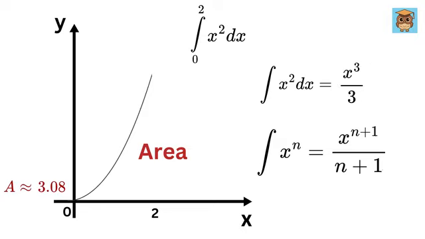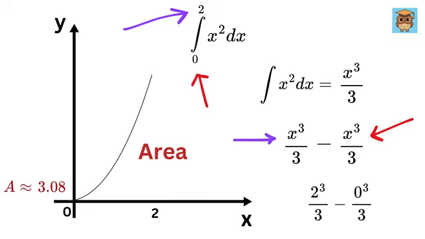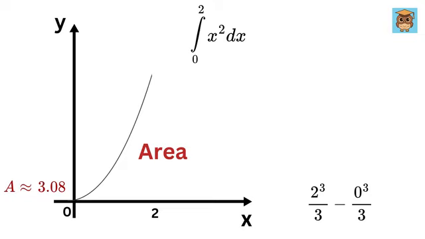Now to calculate the value in numbers, write x cubed over 3 minus x cubed over 3, and put x equals 2 here, and here put x equals 0. So it will turn out to be 8 over 3, or nearly 2.67.